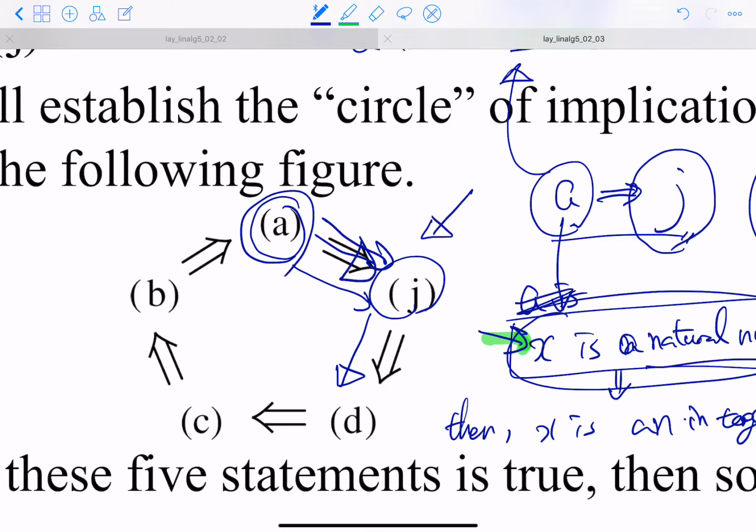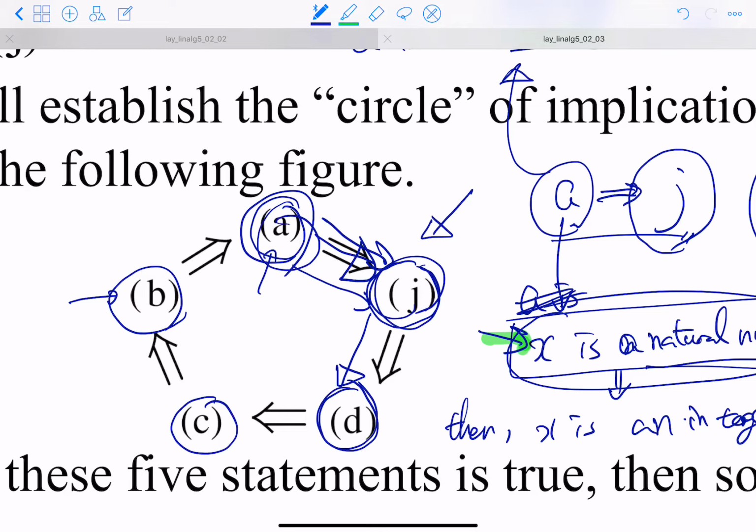The truth set for A should be included in the truth set of J, and the truth set for J should be included in the truth set of D. But at the end, the truth set for B will be the biggest one, containing the truth sets of D, J, and A, yet the truth set for B is also included in the truth set of A. So the only possible way is for all these conditions to have the same truth sets. So they are all equivalent conditions. That is the overview, a brief sketch of how to prove this theorem.